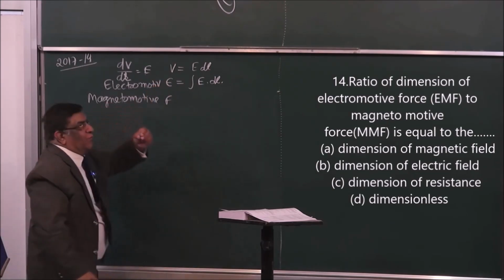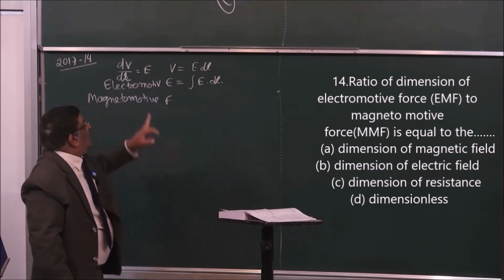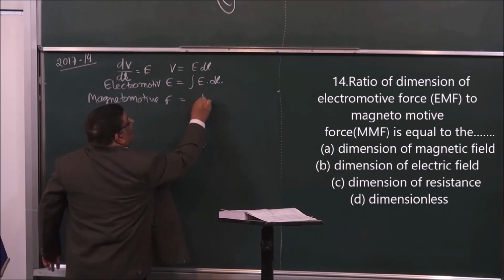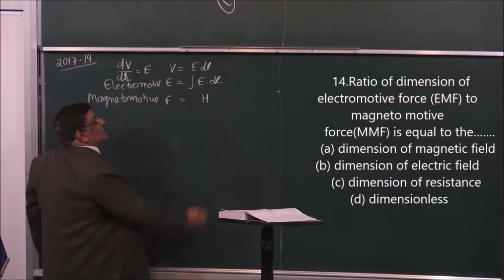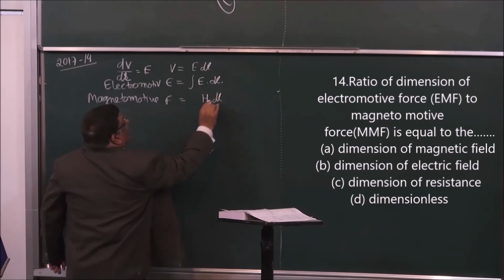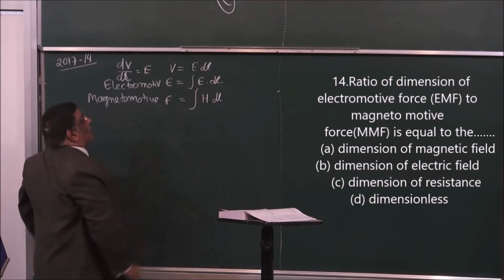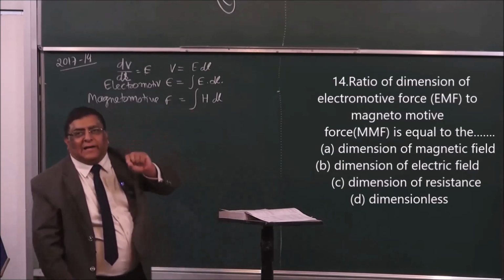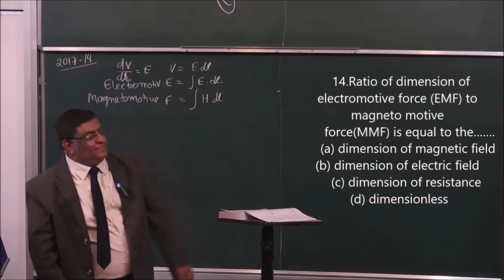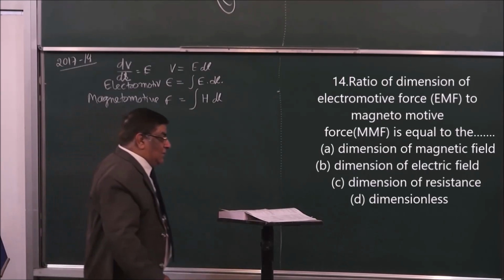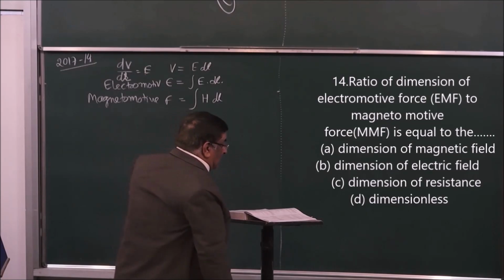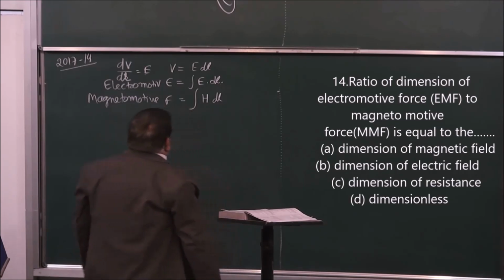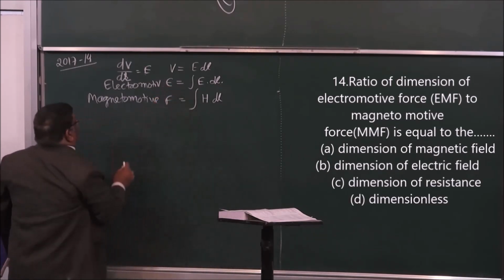The one which is moving the magnetic pole, that force is equal to, in the place of electric field, we will have magnetic field intensity, and this will be dl. This is magnetomotive force. The magnetomotive force will move the magnetic dipole, magnetic pole. Okay. Now, the question is asking what is the ratio of dimensions of the two. Okay, ratio. We take the ratio.